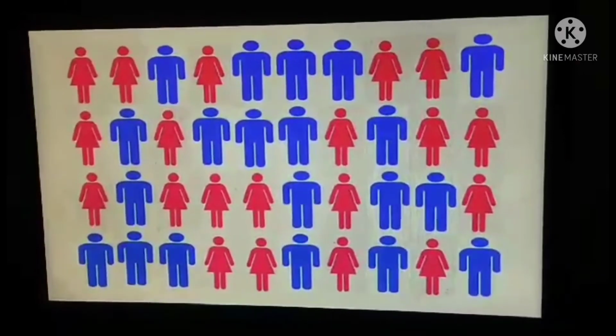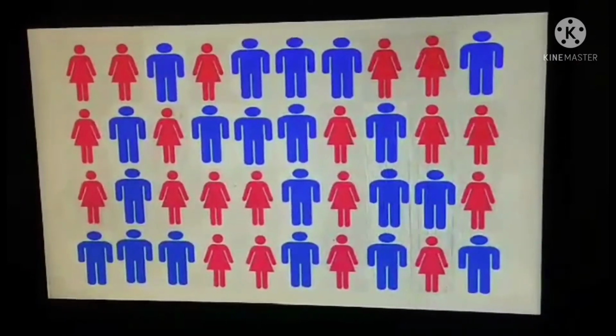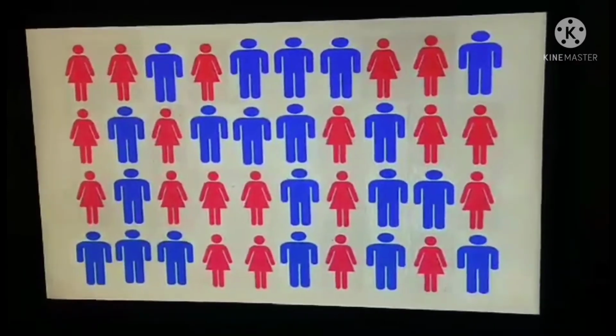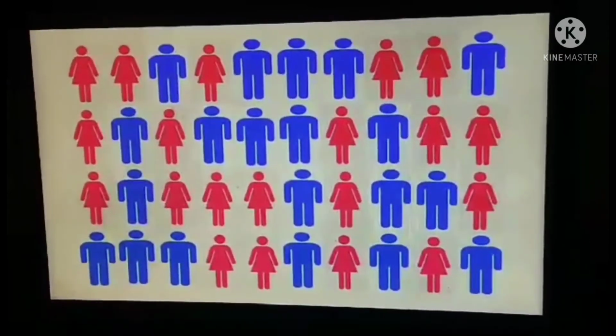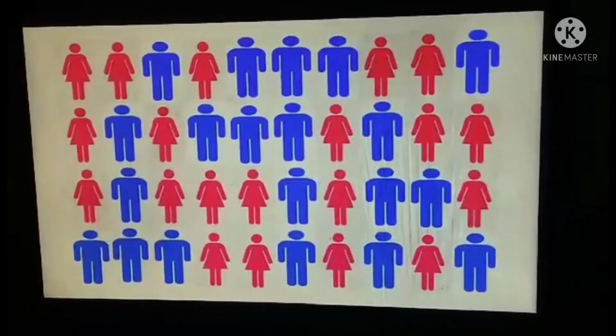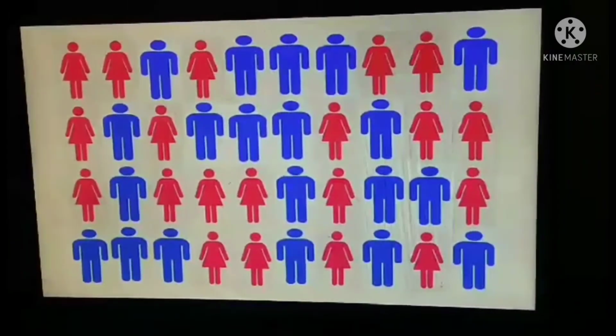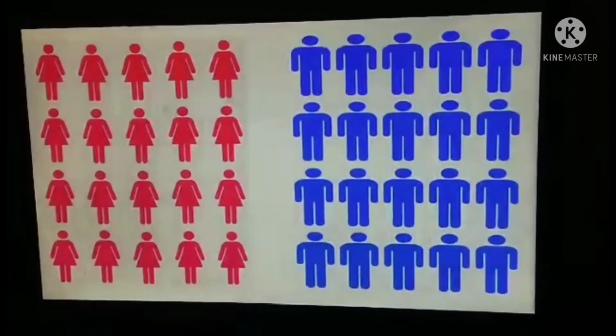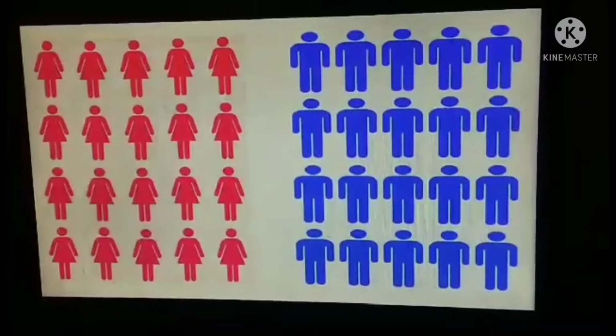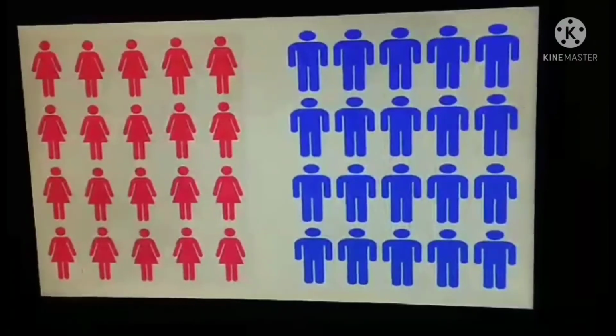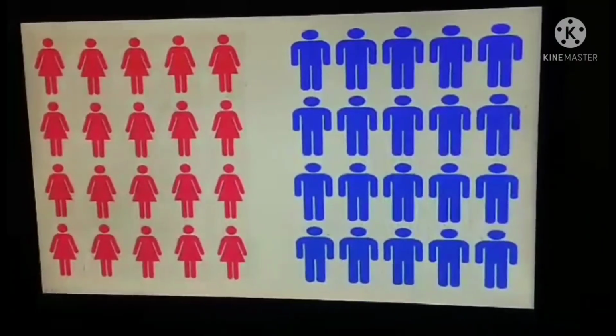In this kind of sampling method, you have to divide the population into subgroups based on their relevant characteristics. For example, I will divide this group of students based on their gender. So I will place all female in here and all male in here. So I stratified them based on their gender. Each group is what we call the strata.